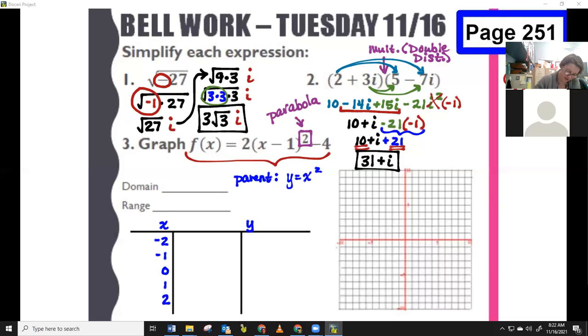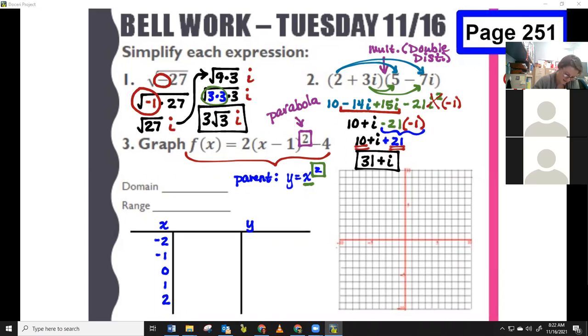According to the parent function, what are we going to be doing to each of those x's to get our output? Squaring. Squaring, yes. And what does it mean to square something? Times it by itself. So if I do -2 times by itself, what do I get? 4.